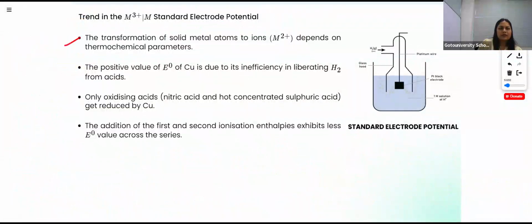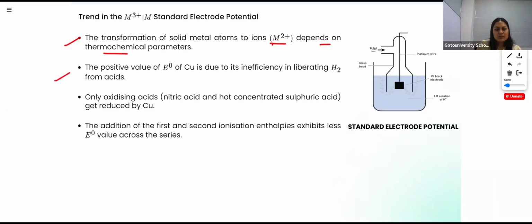All right, so let us read here: the transformation of solid metal atoms depends on the thermochemical parameters. That is the example we discussed for copper, that it forms a strong lattice, right?